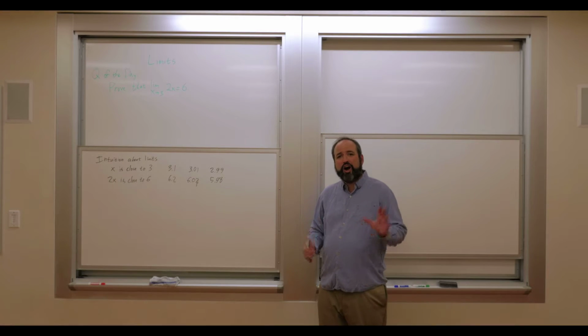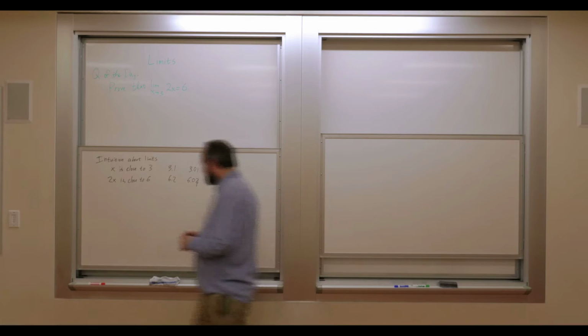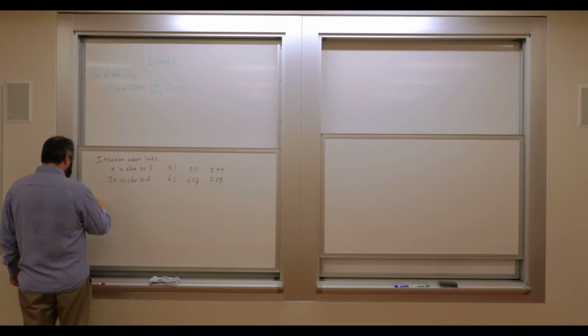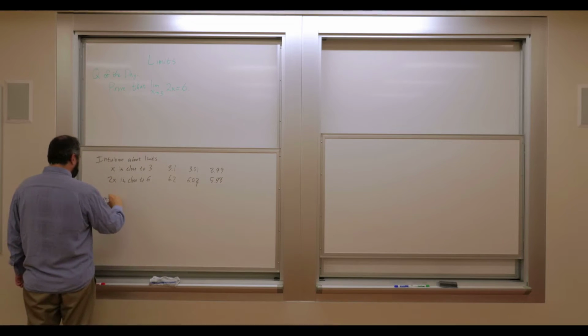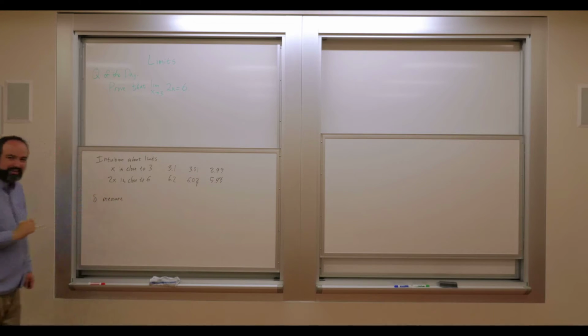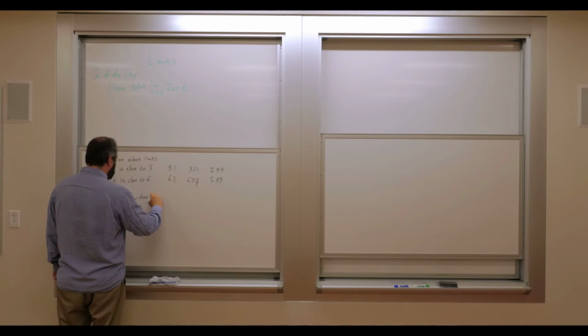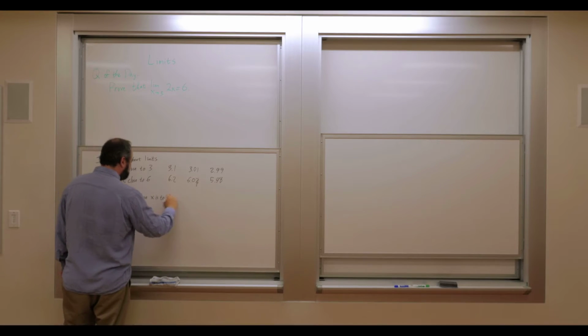So what I need are variables to measure how close x is to 3, how close 2 times x is to 6. And I'm going to use delta, which looks kind of like this, Greek letter, lowercase. And what that does is it measures how close x is to 3.